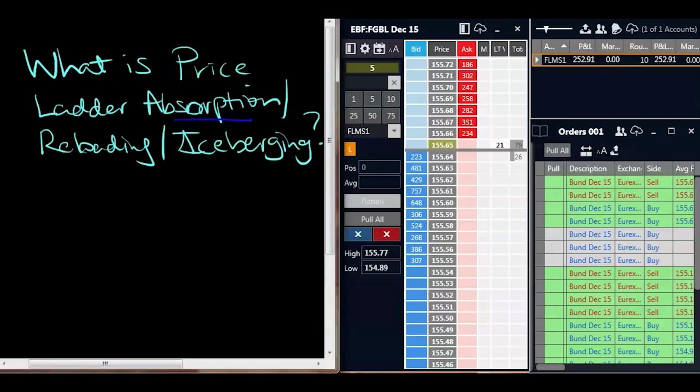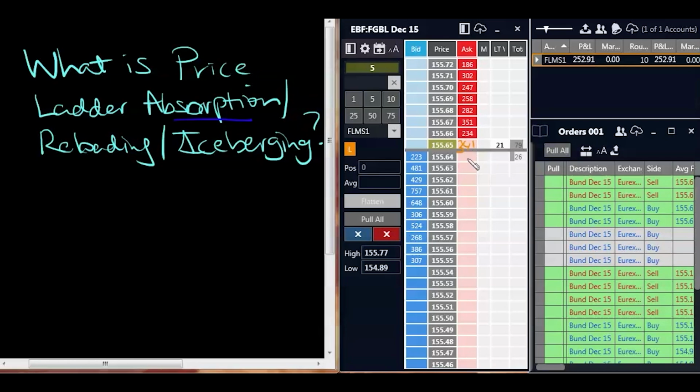Before I show you an example, this is a price ladder not currently live, just paused, a freeze frame of the market at this level. Let's imagine there wasn't a gap here, a spread.